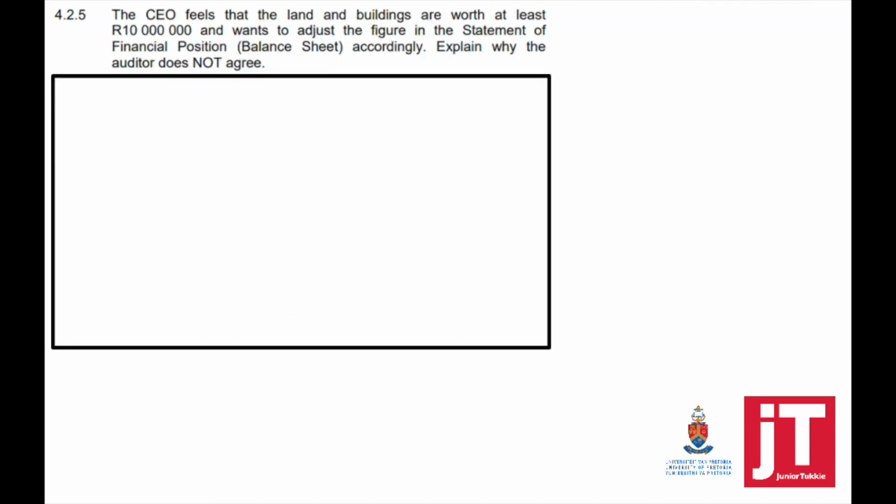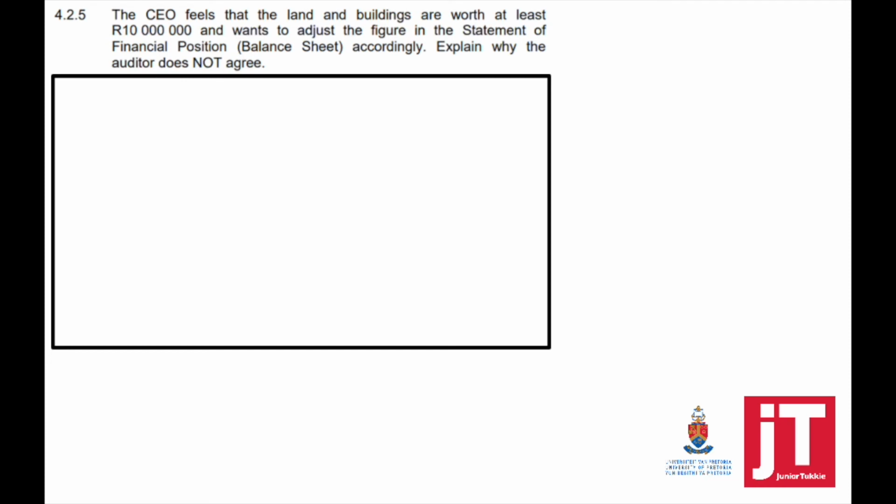Question 4.2.5. The CEO feels that the land and buildings are worth at least 10 million and wants to adjust the figure in the statement of financial position, the balance sheet, accordingly. Explain why the auditor does not agree.